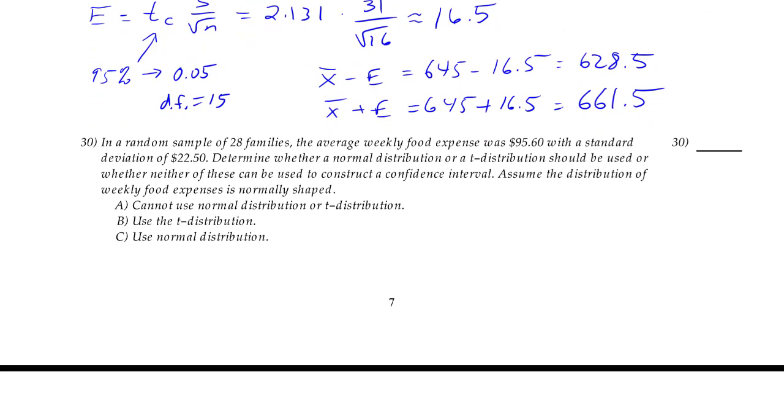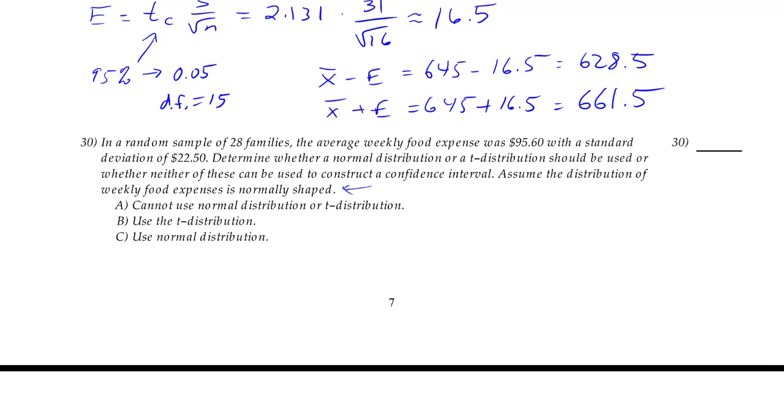All right. In a random sample of 28 families, the average weekly food expense was $95.6 and the standard deviation was 22.5. Normal, t, or neither? Okay, so remember, we either need the original distribution to be normally shaped, which here it says it is, or we need a sample size of at least 30.